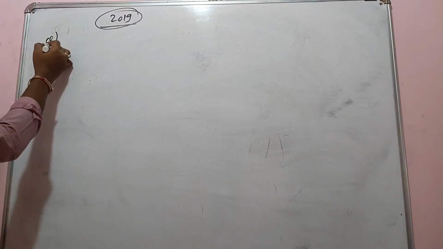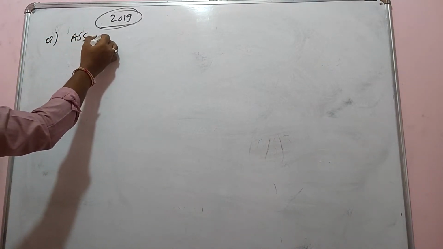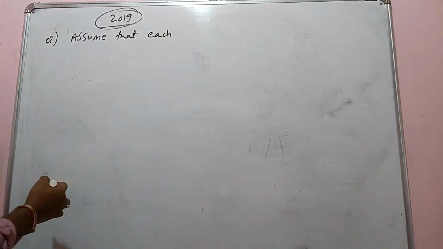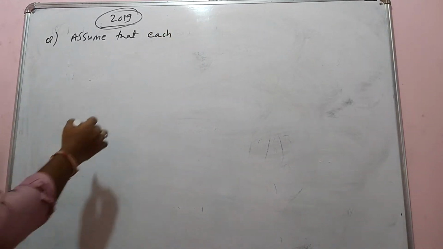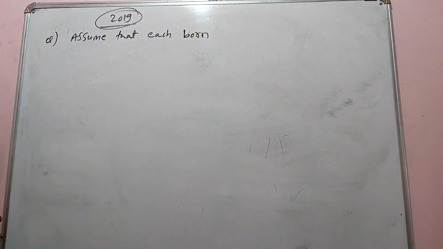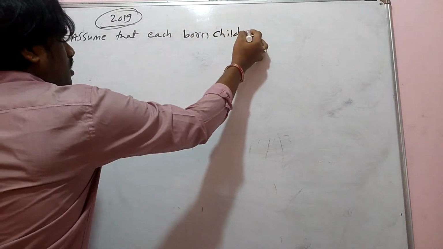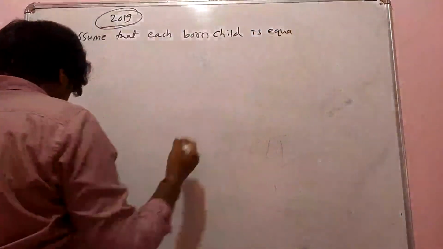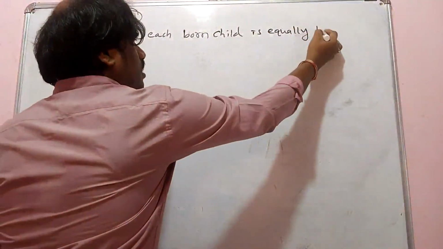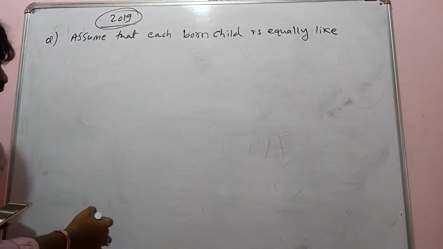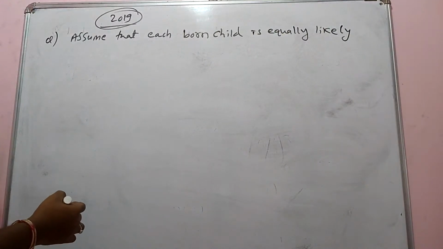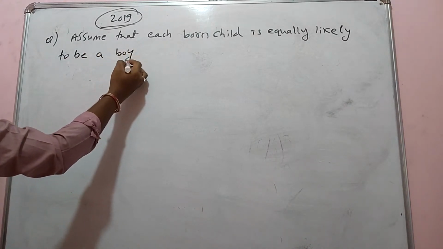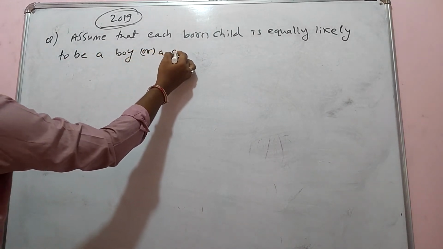So the question here says, assume that each born child is equally likely to be a boy or a girl.